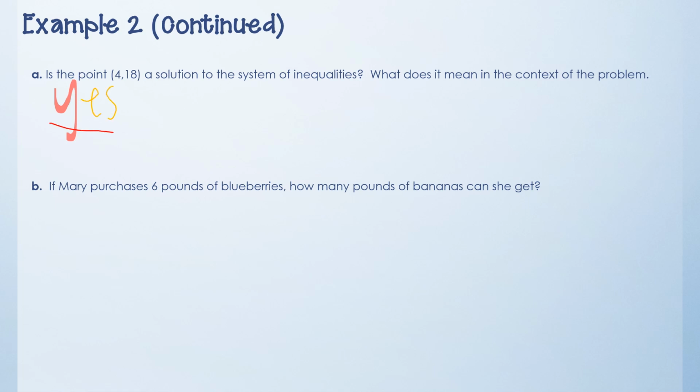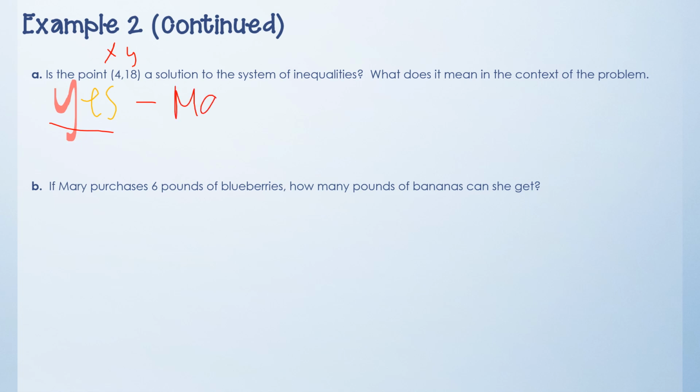The more difficult part of this question is, what does it mean? What are we talking about here? We're talking about blueberries, we're talking about bananas, is this money? What is it? So if you look at your graph, the x-axis represented the pounds of blueberries and the y-axis represented the pounds of bananas. So since 4 is x and 18 is y, that means 4 would be the pounds of blueberries and 18 would be the pounds of bananas.